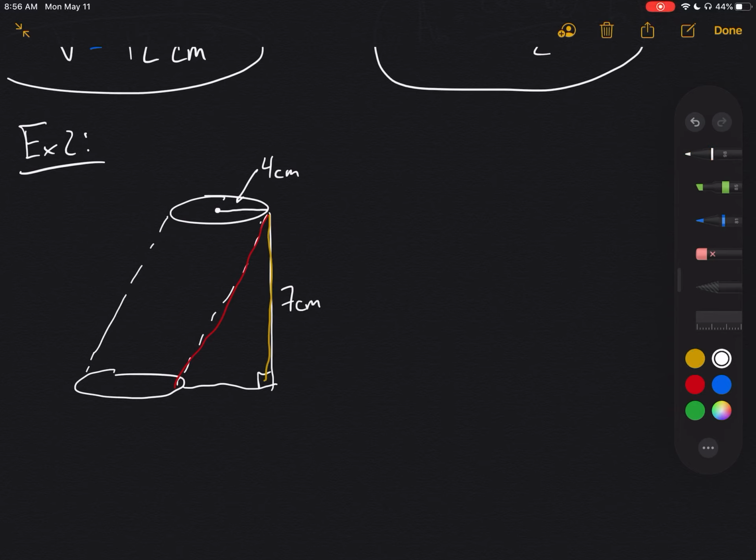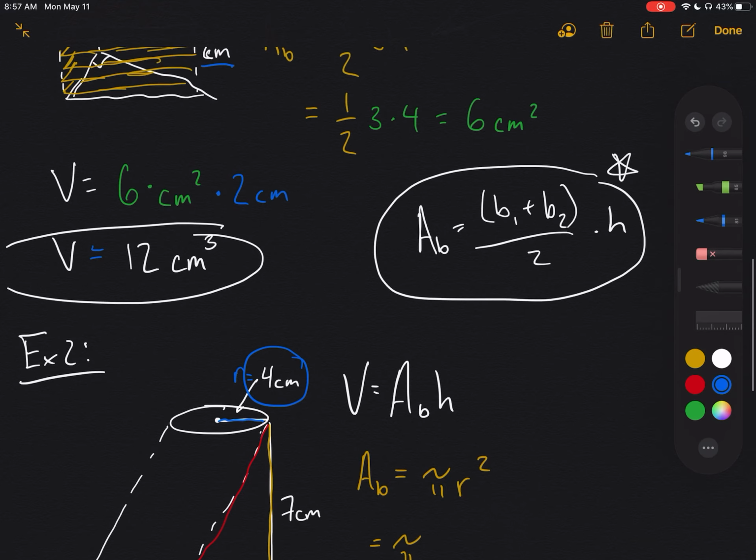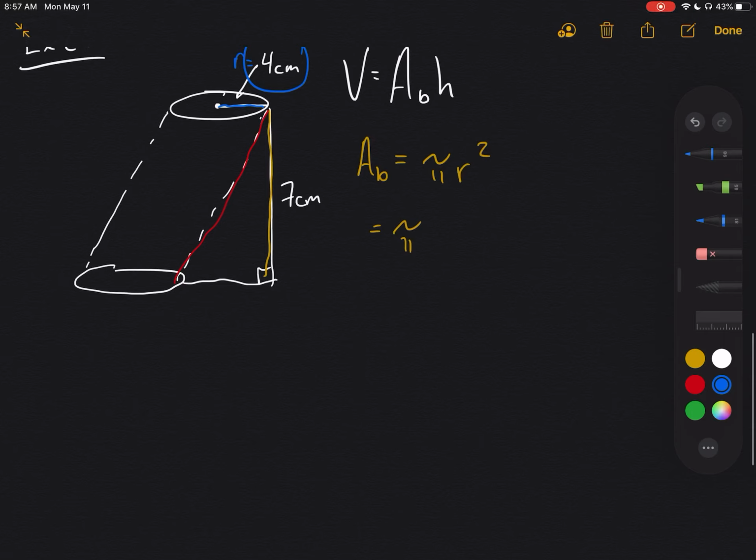So to find the volume, we want the area of the base times the height. Because we have a circle, we use the formula for the area of a circle, which is pi r squared, and r is the radius, or 4 centimeters. So I've got pi times 4 centimeters squared.